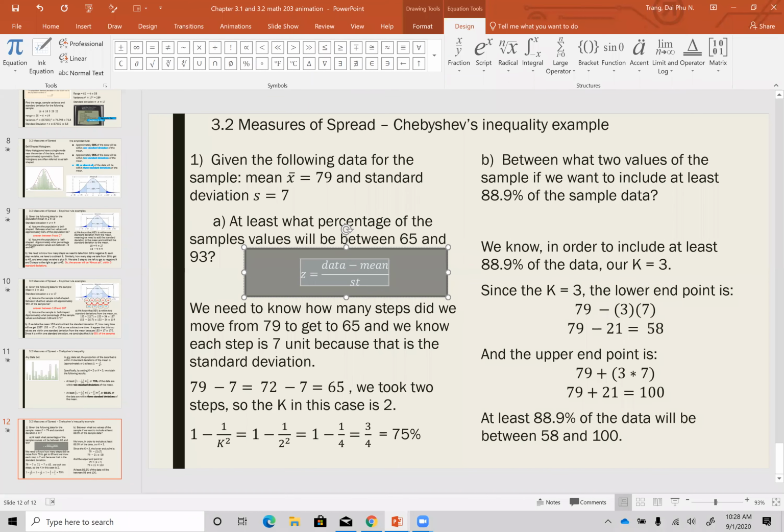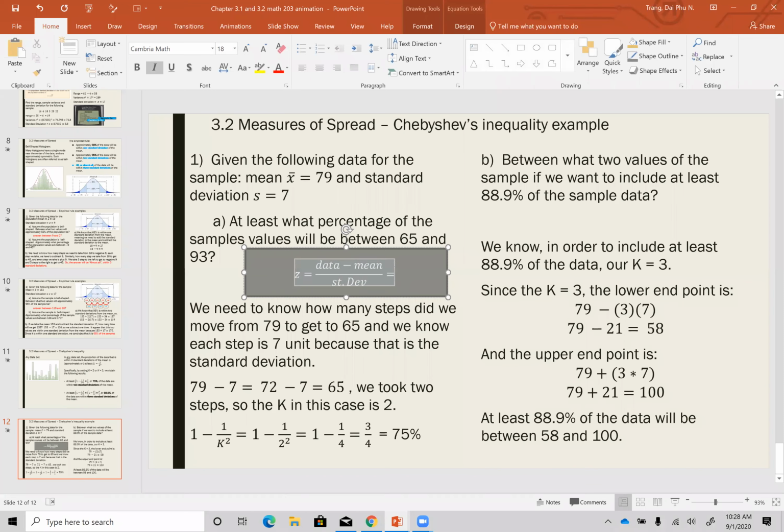So you can plug into this formula, which we will see more on Thursday.